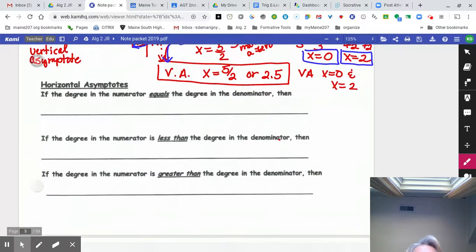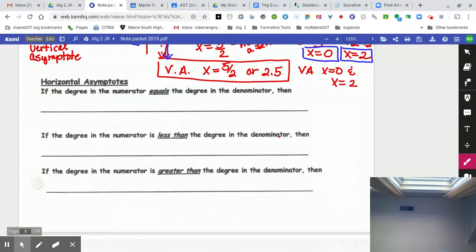All righty, last thing we want to look at before I do some examples for you, and then I'm going to cut the notes off for just a few minutes. We have vertical asymptotes, and we are also going to have what are called horizontal asymptotes. Horizontal asymptotes, remember, are lines moving in the horizontal position like this that your graph will never touch.